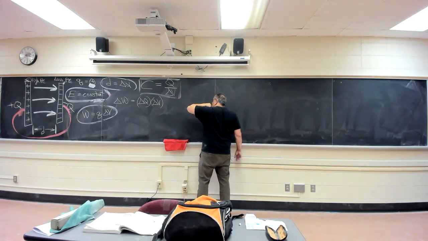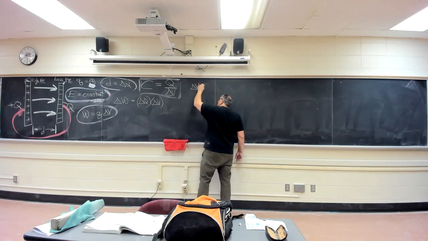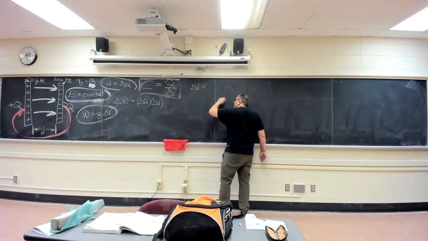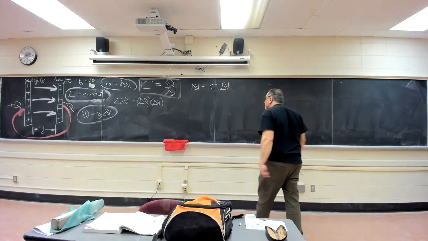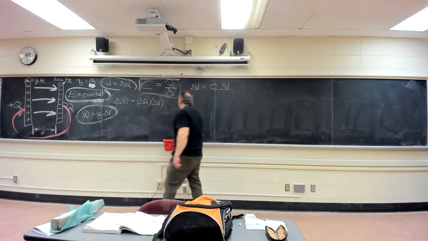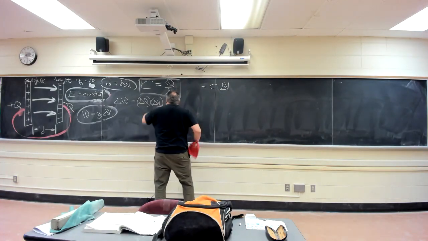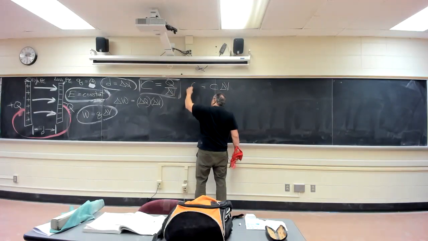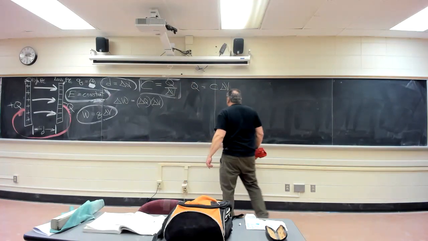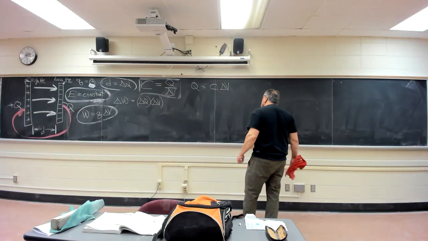Is it true, if you multiply by delta V on each side, you got C delta V. Forgive me. No, wrong. If you multiply by delta V on each side, you got this. True. Here's where the other notation is a little bit better, actually, if you want to know the truth.